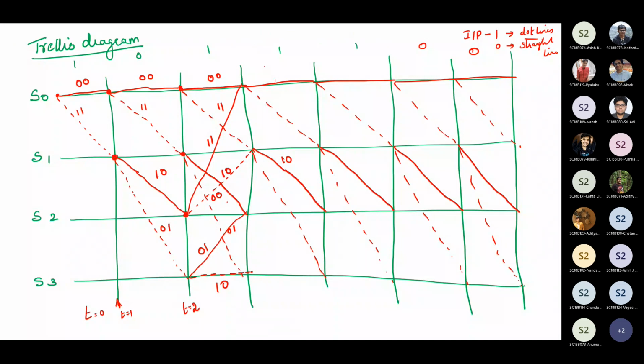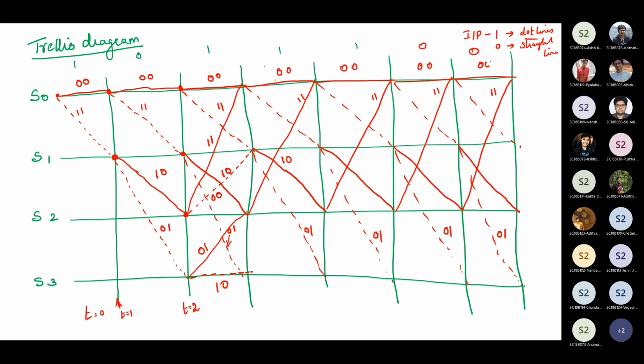Is this 0, 1? So from here, a solid line. What is this value? 1, 1. Here 0, 0. These lines are 1, 1.